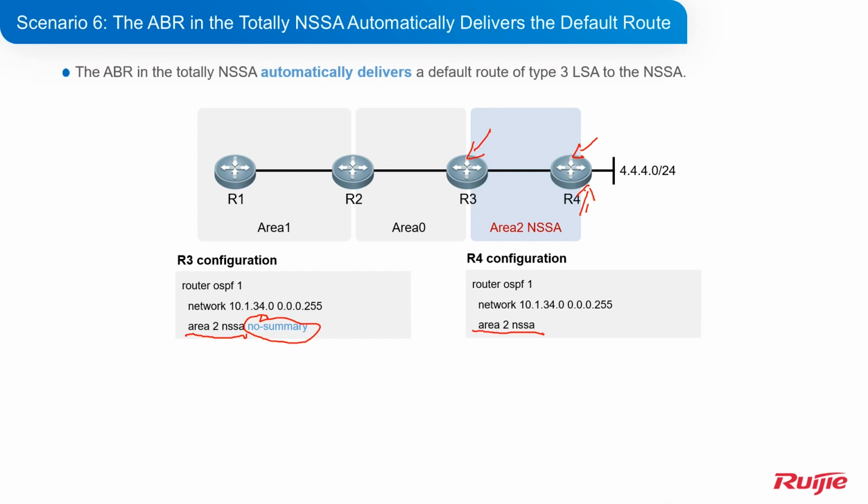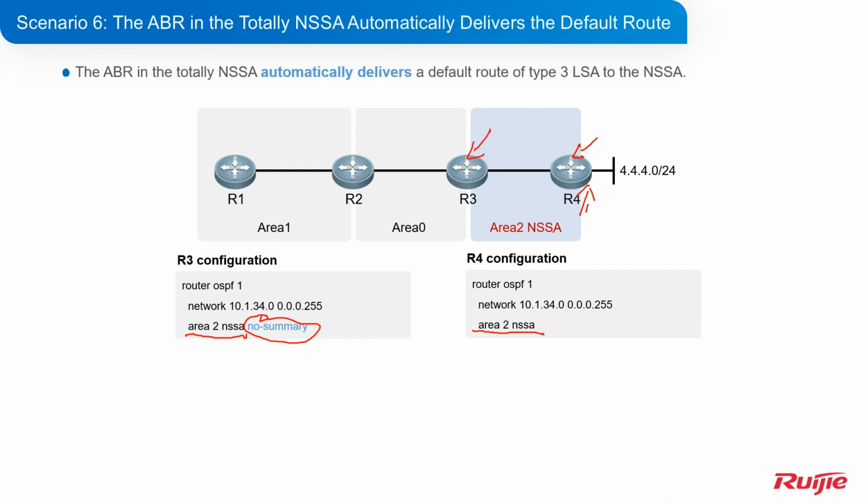Okay, so now area 2 has become a totally NSSA area. And for a totally NSSA area, the ABR can generate the default route automatically.